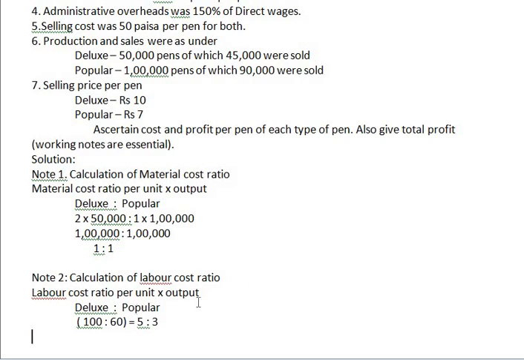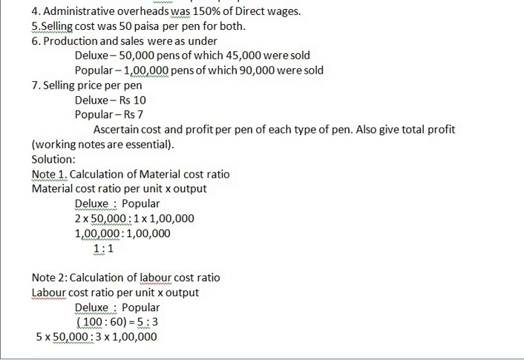It means for one pen it is 5. Labor cost is 5. Deluxe pen. And for popular pen it is 3. Okay. So that is 5 into 50,000 is to 3 into 1 lakh.